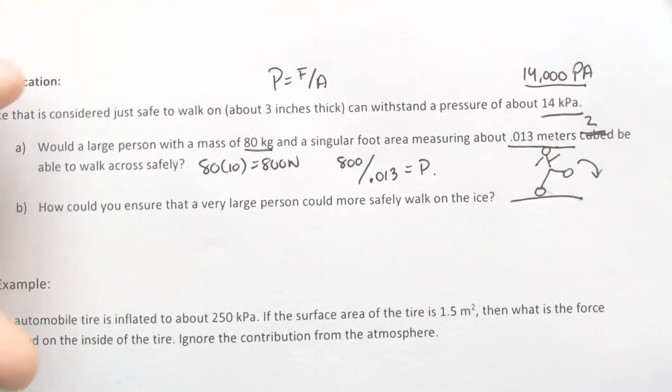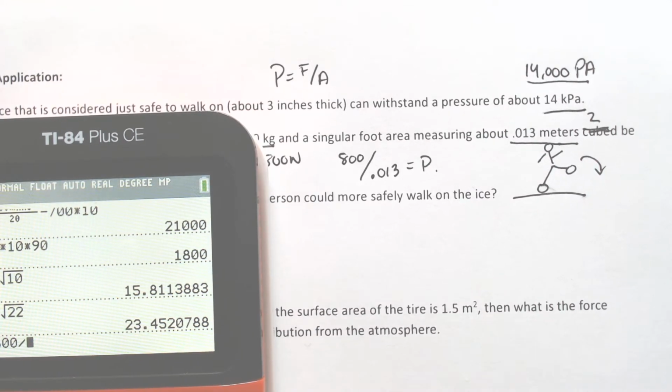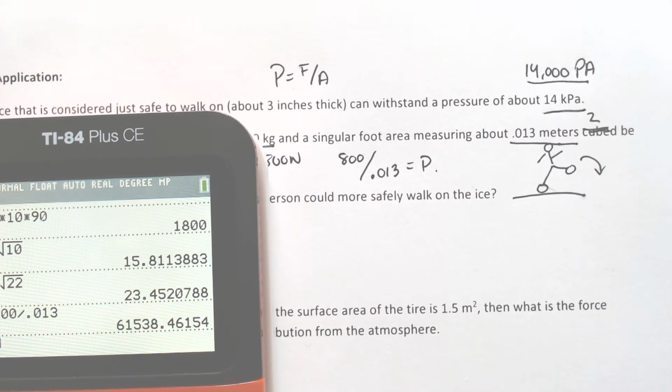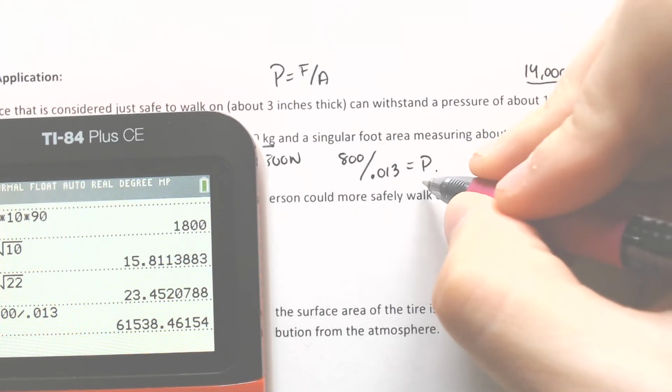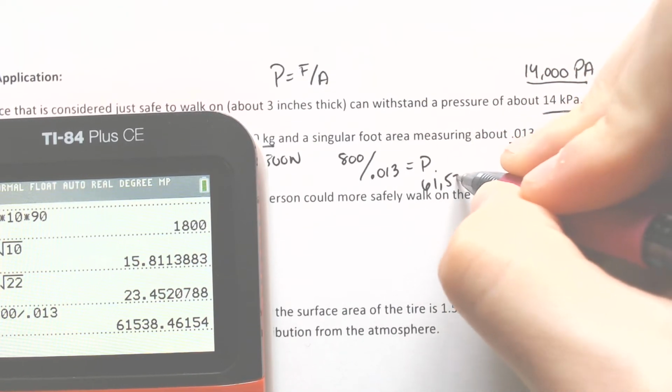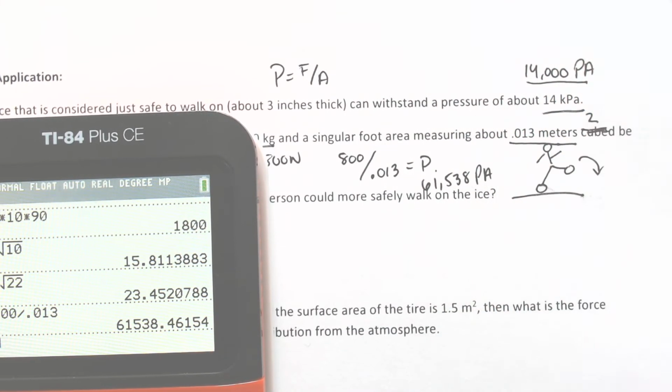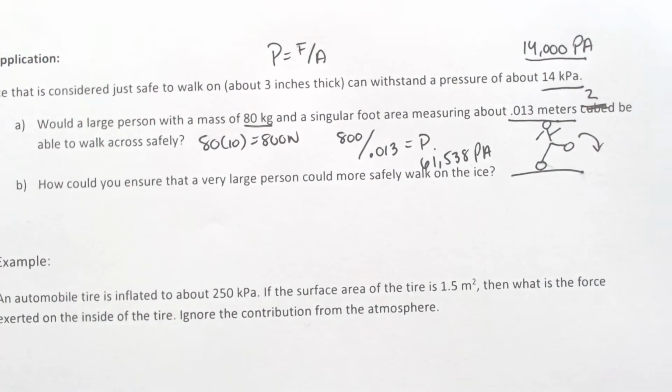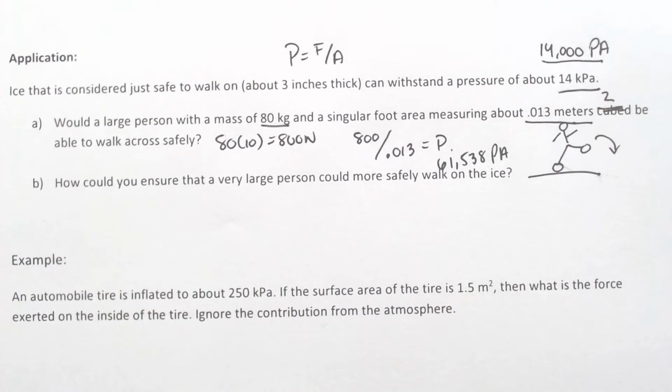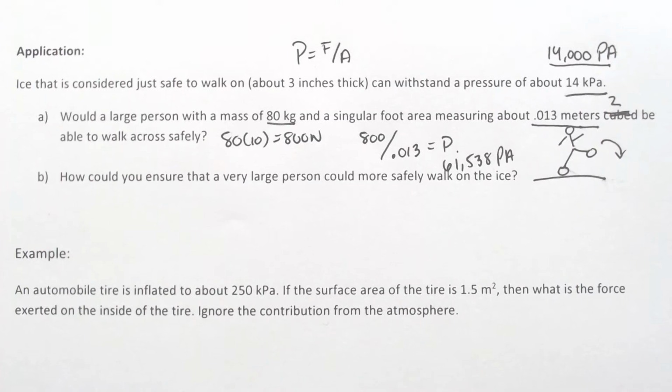Let's see what pressure that is. Got a calculator right here. 800 divided by 0.013 is a lot of pressure. That pressure is 61,538 pascals. Now, even if we split that up to 2 feet, we are still going through the lake. So I would not recommend walking on this lake.